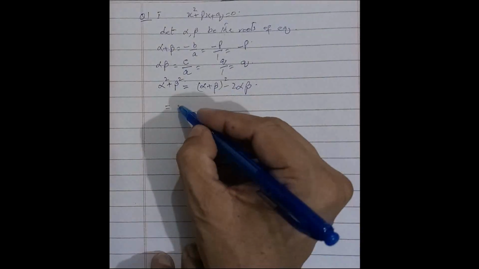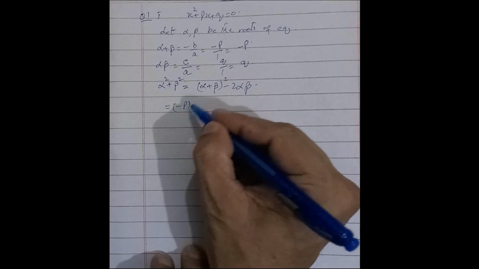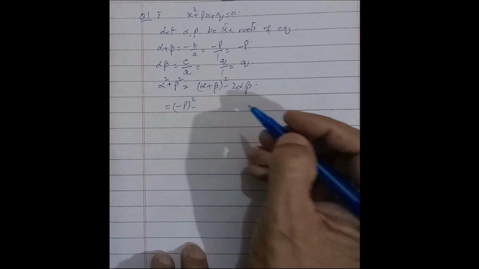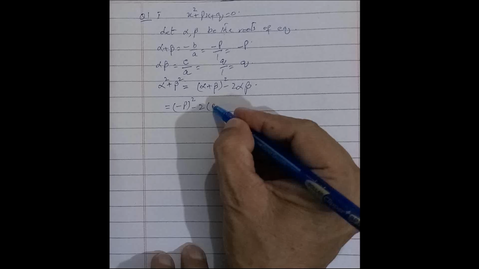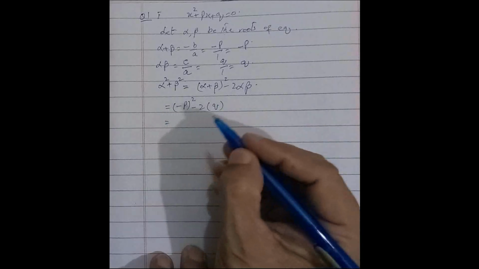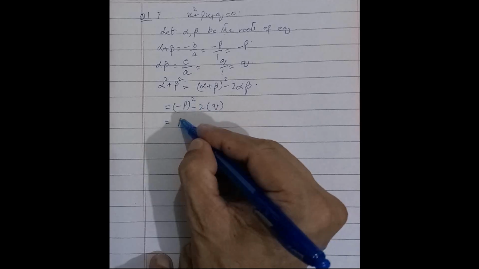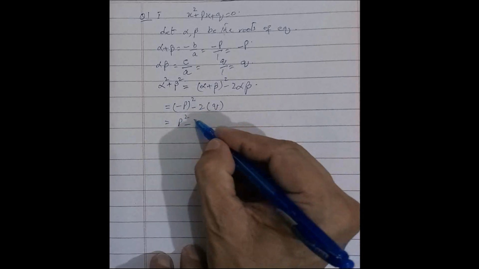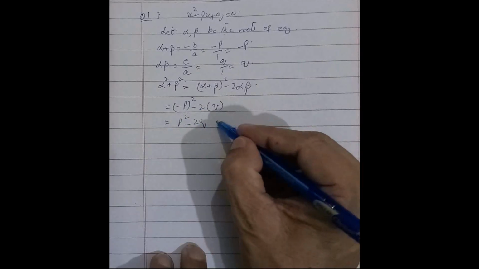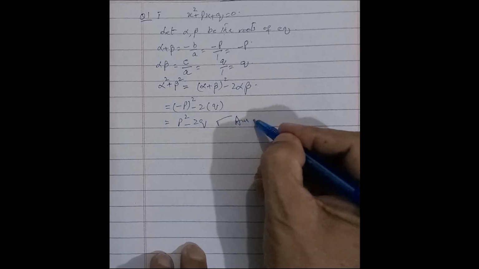We get minus p whole square minus 2 into q. Now we solve it. Minus p whole square minus 2q is equal to p square minus 2q, and it is the answer of part 1.